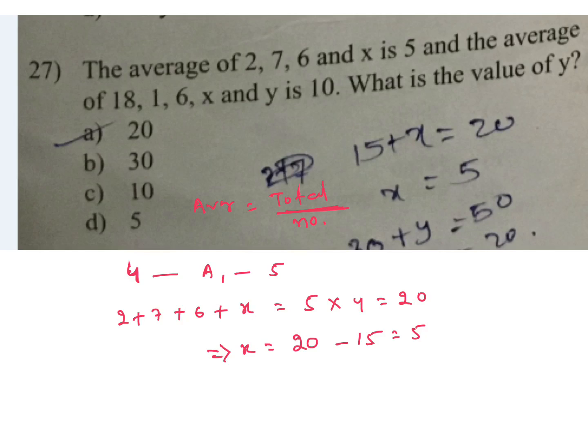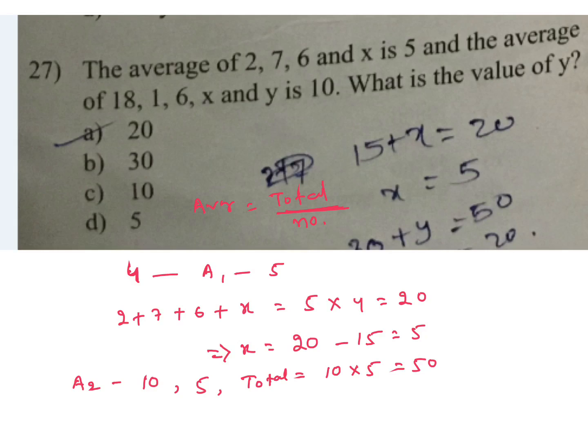In the second case, average is 10. How many numbers do we have? 18, 1, 6, x and y. So 5 numbers. So in the second case total is 10 into 5, it's 50.